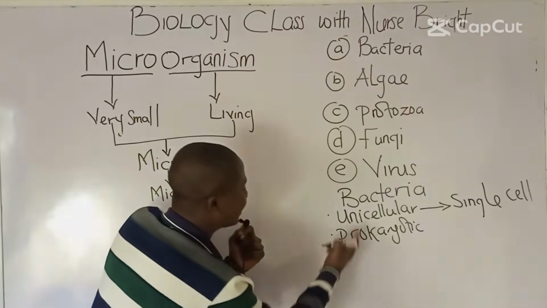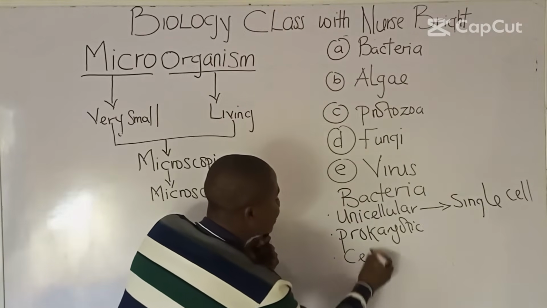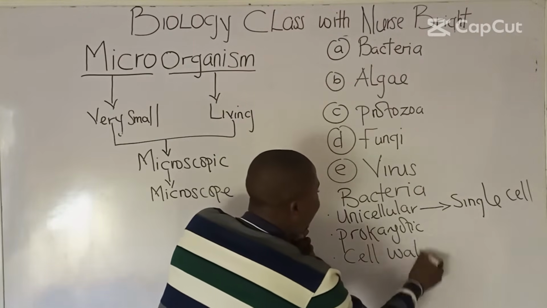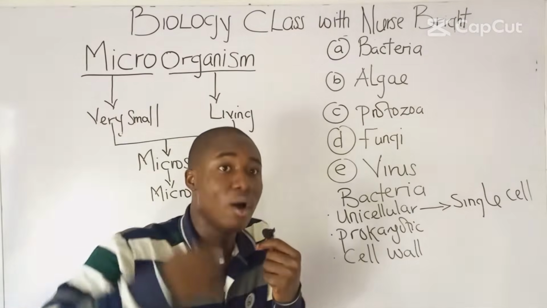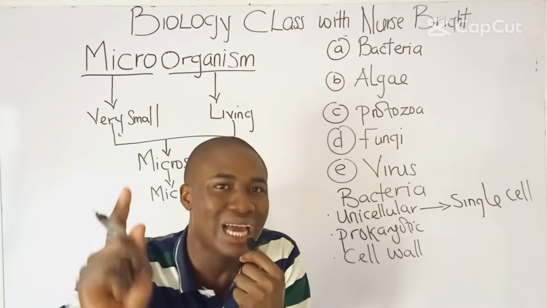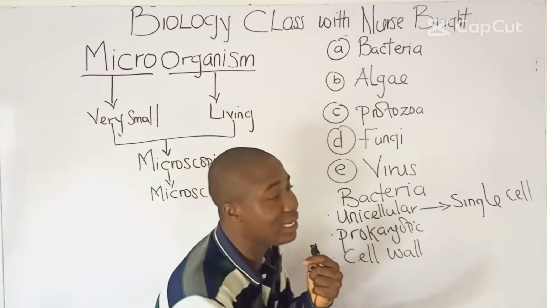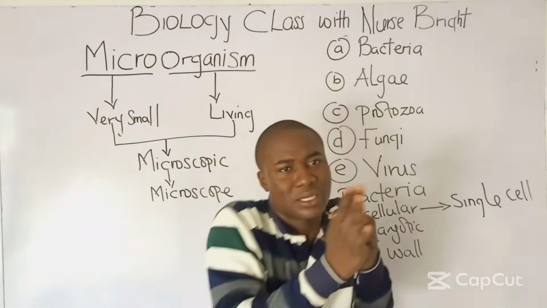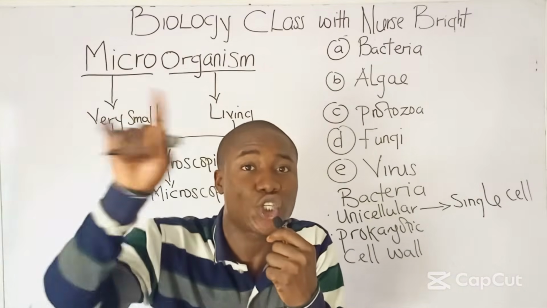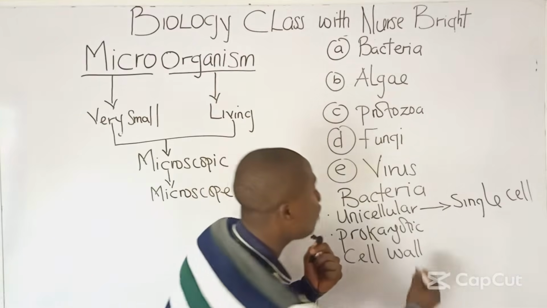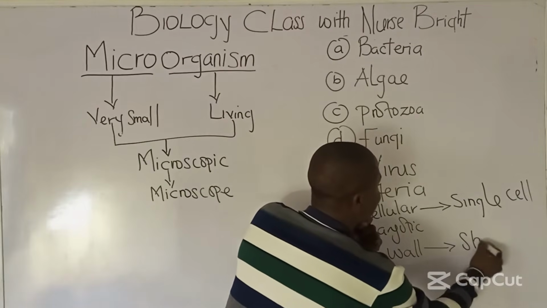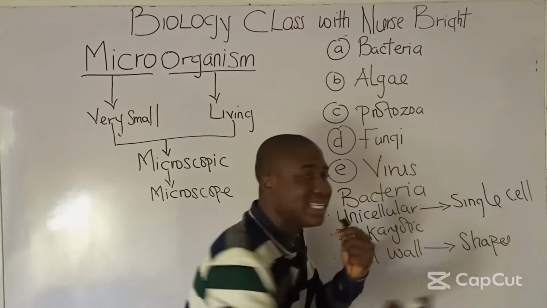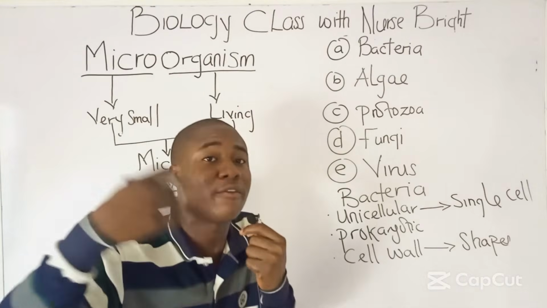Now, it must be noted that bacteria have a cell wall, and this cell wall imparts the characteristic shape. So it is the type of cell wall a particular bacterium has that determines its shape, because bacteria exist in various shapes and forms.